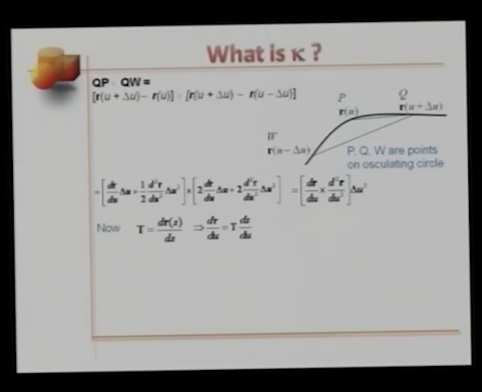This would imply, using chain rule, that dr over du is equal to T, the unit tangent, times ds over du. All I need to do is multiply and divide this expression by du and rearrange this equation to get this result.